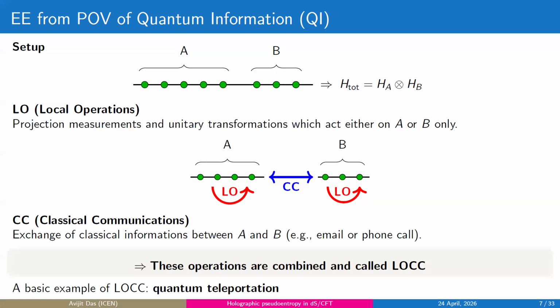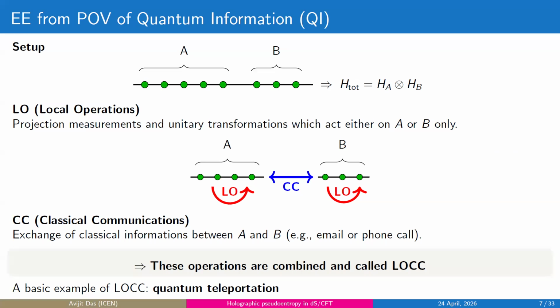Then one thing you can do is what is called the local operation. A local operation you can do in a particular subsystem. This is a quantum mechanical measurement kind of thing. So you can do a quantum mechanical operation on a subsystem. I am calling it LO, local operation. So you can do projection measurement.